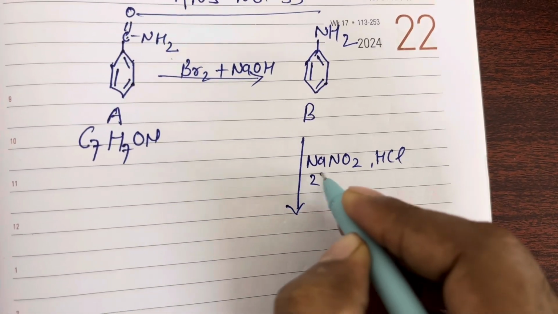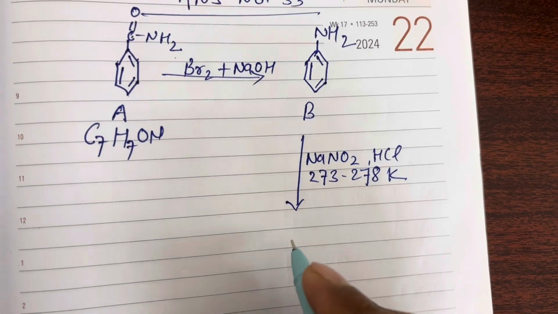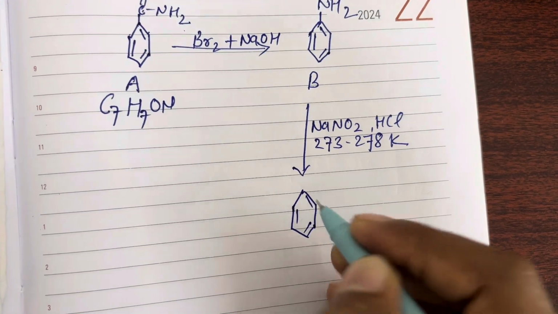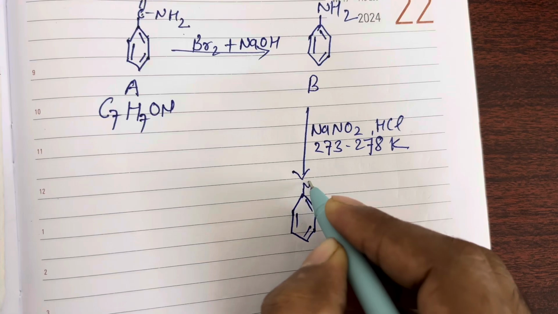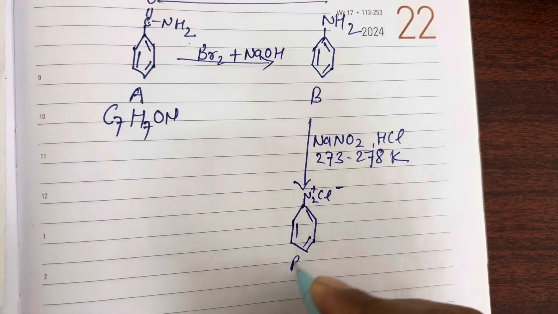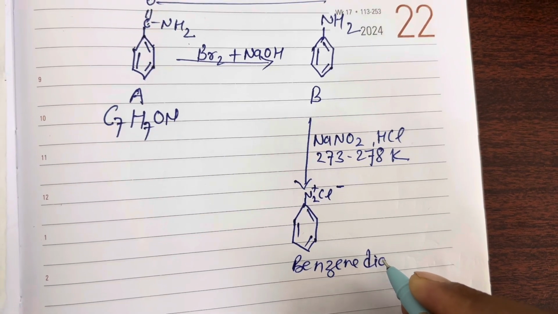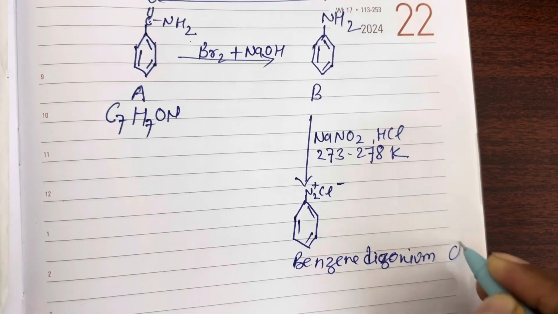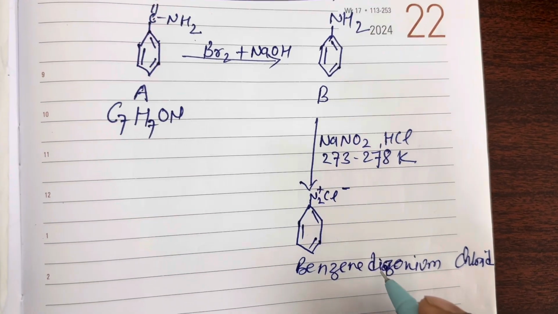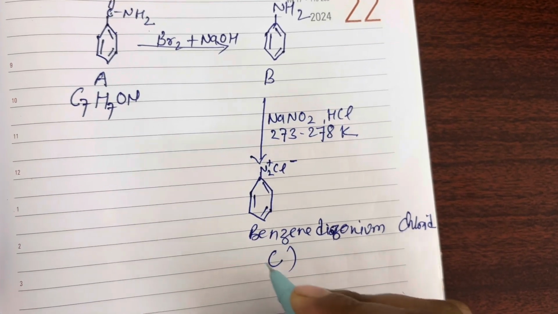It will react at 278 Kelvin and form compound C, that is the diazonium salt, C6H5N2+ Cl-, benzene diazonium chloride. This is how compound C will form.